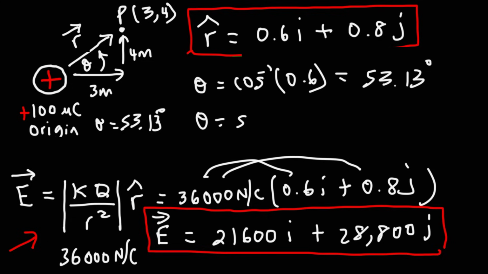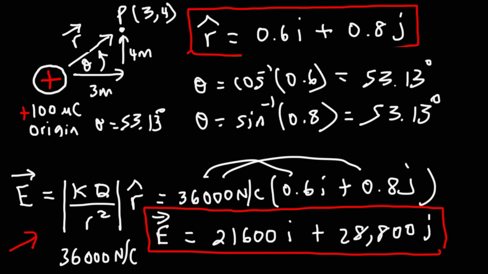Likewise, if we were to take arc sine of the y component of the unit vector, this will be the same thing, 53.13. So you can easily find the angle if you know the unit vector.